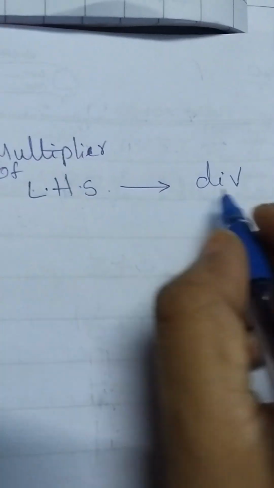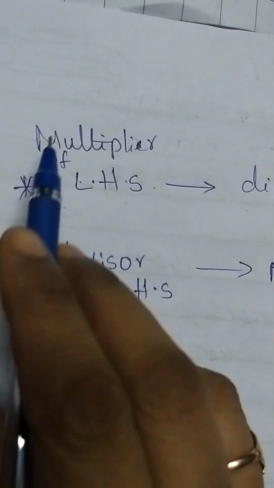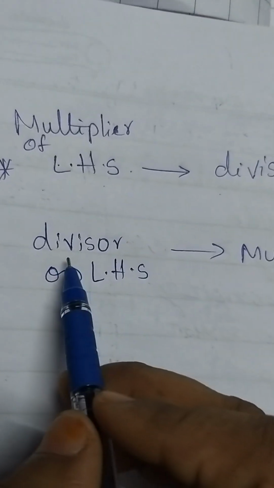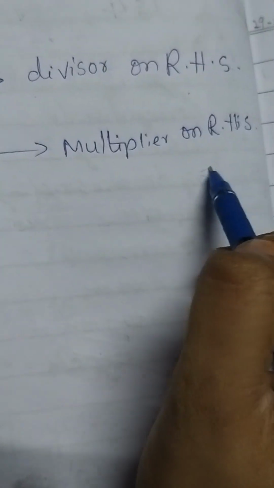It becomes a divisor on the RHS. And a divisor on the LHS becomes a multiplier on the RHS. It changes position: the multiplier becomes a divisor when it comes to the RHS, and a divisor on the LHS becomes a multiplier when it comes to the RHS.